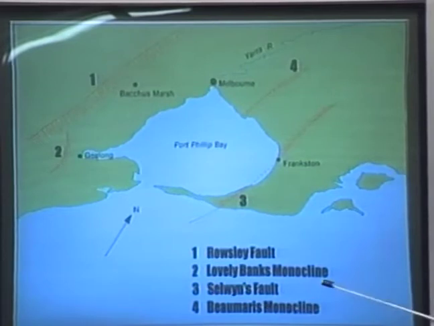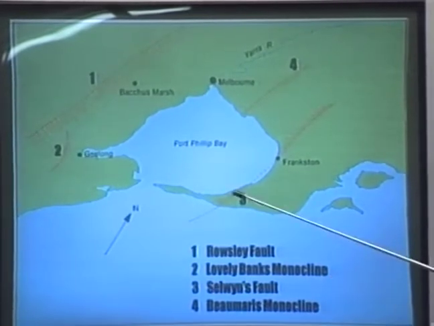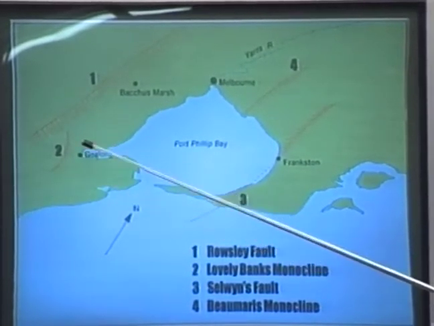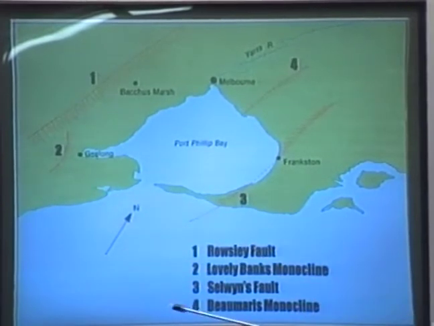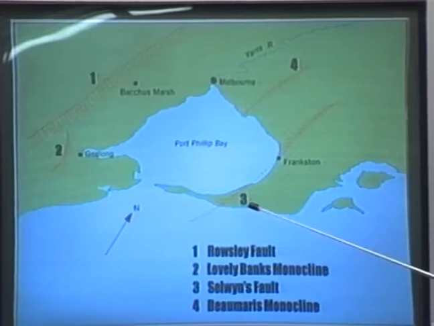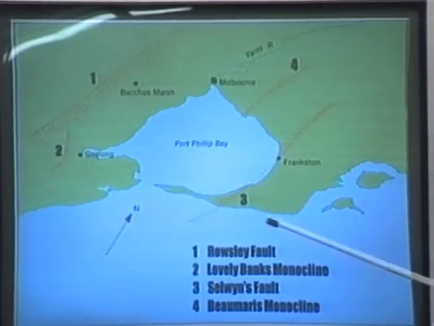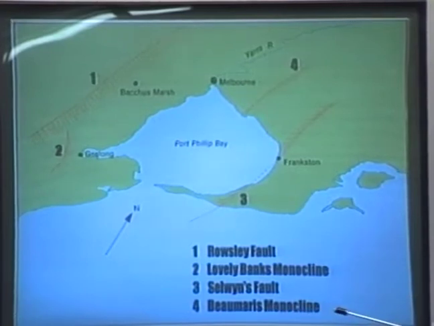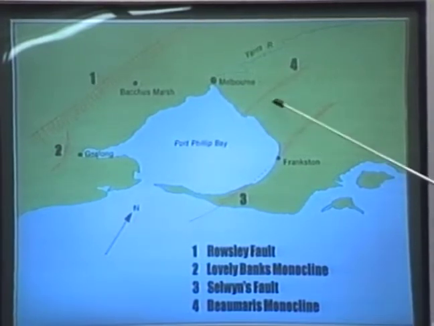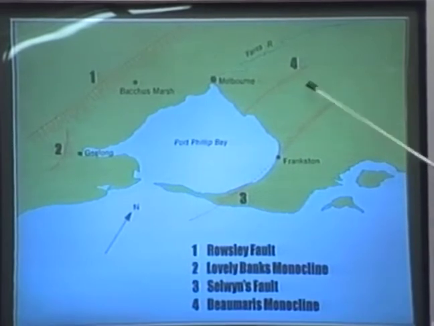The Lovely Banks monocline is labeled with number 2, the feature here with a red line across. Then we have the Selwyn's Fault, which is represented with the number 3, and the Beaumaris monocline, which is actually labeled with the number 4.